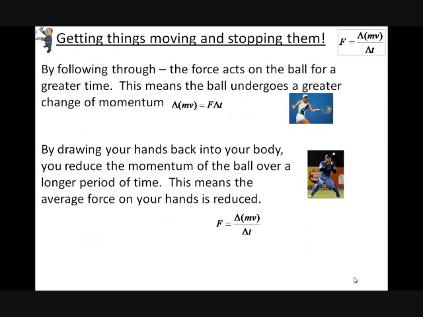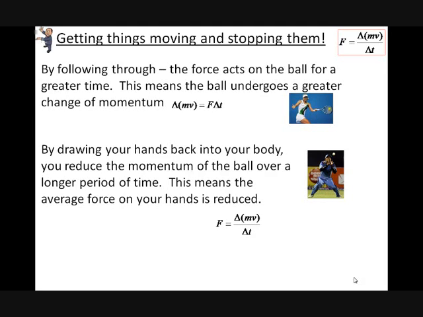A couple of examples to think about. It's nice to think about real life applications of where you can apply this equation. If you imagine hitting a tennis ball, or even in any other sports where you would hit a ball, you don't just stop the bat at the point you hit the ball. You follow through and you keep the bat, or the racket, in contact with the ball for as long a time as you can.